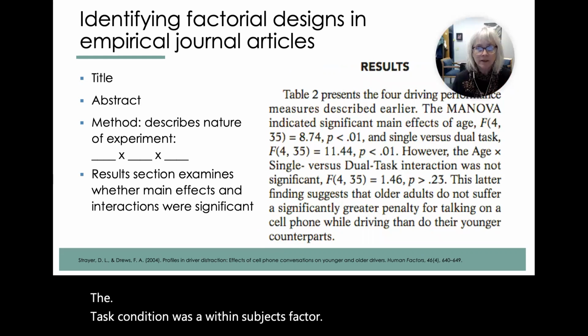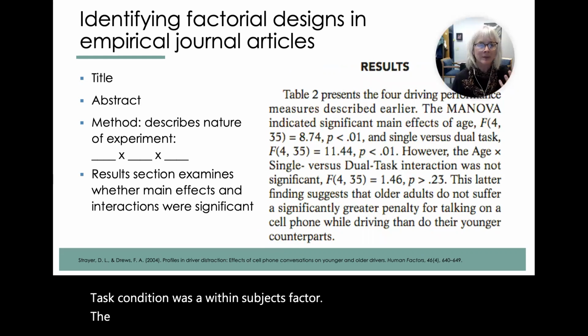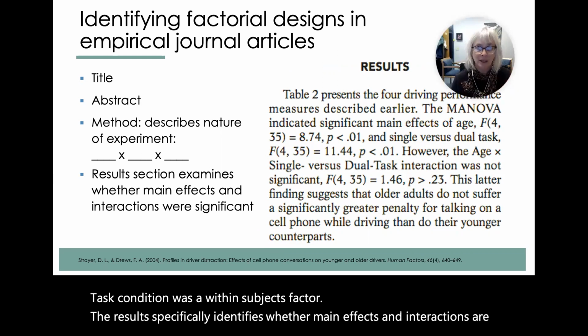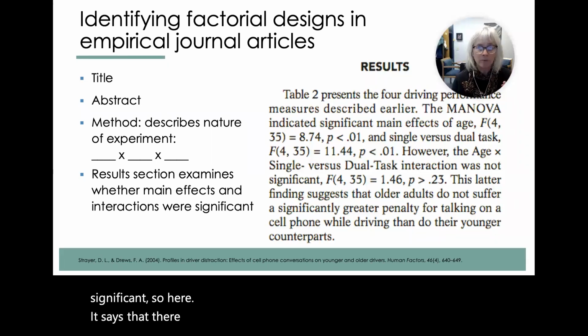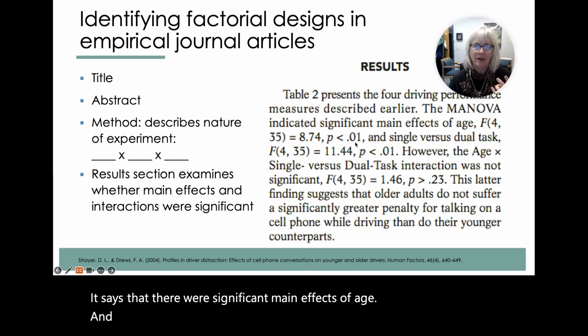The results specifically identify whether main effects and interactions are significant. So here it says that there were significant main effects of age and task, and you can tell that by the p-values.